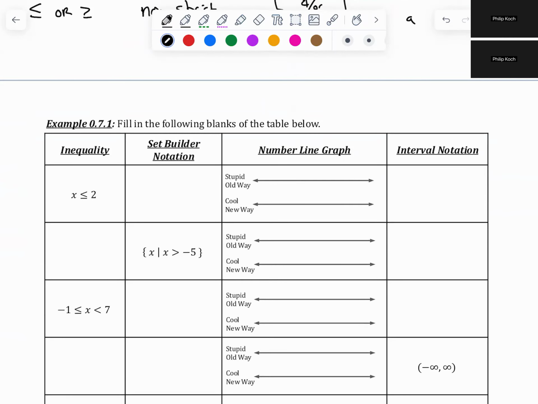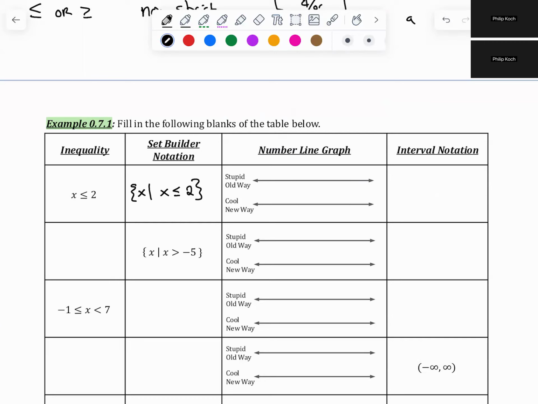So to work on this problem, we're just going to fill in all the blanks that are there. So we'll just go in order. Once again, set builder notation is just a really circular jump-through-a-hoop situation where we write the curly brace, the set of all x such that x is less than or equal to 2. On a number line graph, the old way would be to use a solid dot.